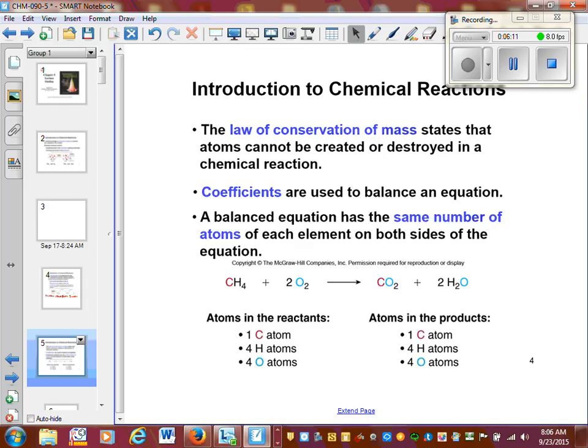This whole thing, we have 1 carbon atom, 4 hydrogen atoms, 2 times 2 is 4, and 4 oxygen atoms. We have 2 here and 2 here, because 2 times 1 is 2. So if you look at both sides, we have the same number of atoms. An equation has to be balanced. If it's not balanced, it's no good.